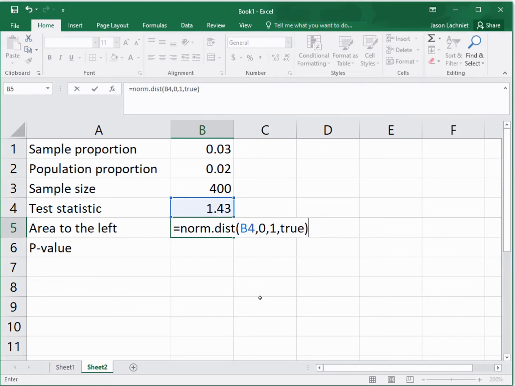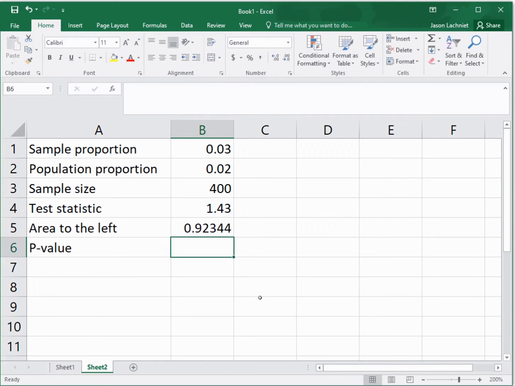So when I use this NORM.DIST function to get an area corresponding to a z-score, all I have to do is give it the z-score, comma 0, comma 1, comma true. 0 and 1 correspond to the mean and standard deviation of the standard normal distribution. So let's see what our area to the left is. We get 0.92344.